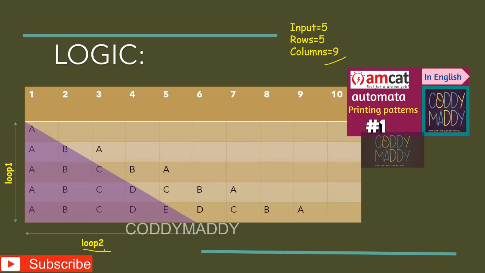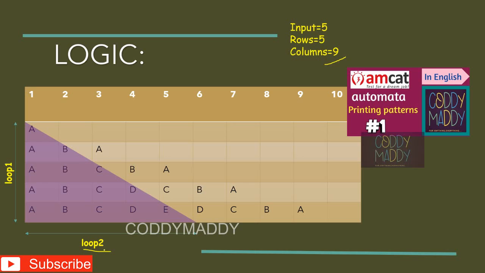It is just an increasing alphabetical pattern. If you consider that violet triangle, it is an increasing alphabetical pattern: A, B, C, then A, B, C, D, then A, B, C, D, E. It is similar to the pattern I printed with numbers. The second loop is used only for printing that triangle pattern.